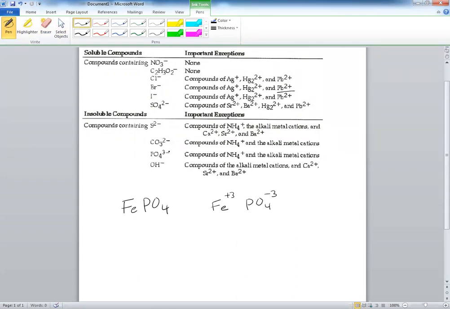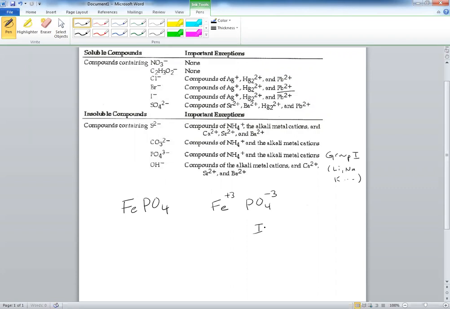Well, it says these compounds that contain PO4 phosphate should be insoluble. But let's see if Fe is one of the exceptions. Fe. So it's not ammonium and it's not one of the alkali metals. So be aware what the alkali metals are. This is group 1. Group 1 is lithium, sodium, potassium, etc. So it's not one of the exceptions.